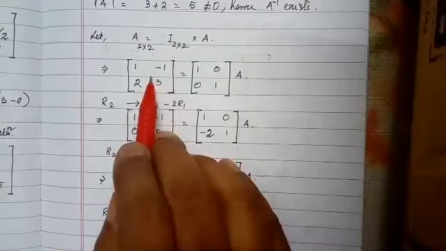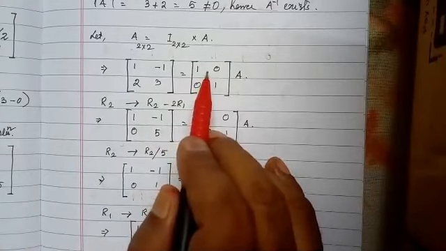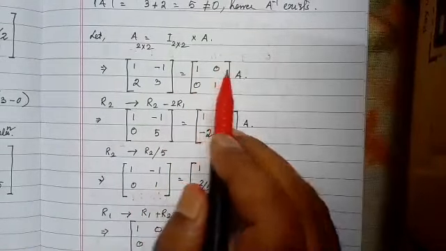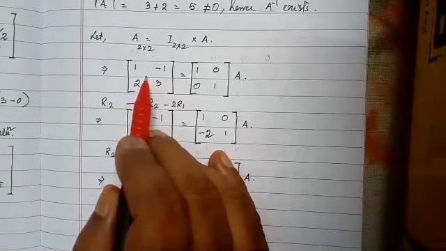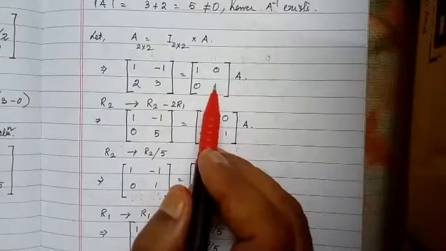We will operate only on this and this. And remember, while transforming, the operation which we apply here, the same operation we have to do here.